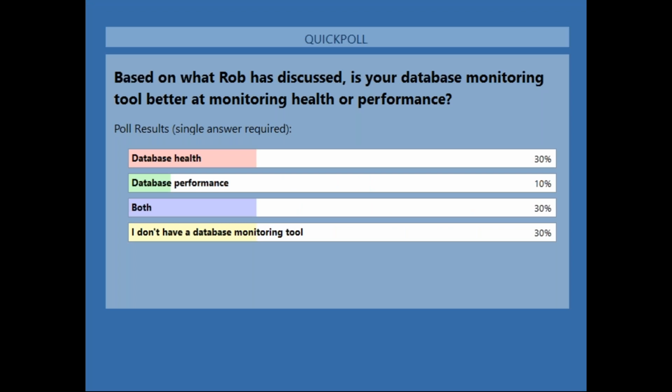Absolutely. Look at this, I'm going to share the poll results. It's pretty much equal between I don't have a monitoring tool, the tool that I have is able to do both, and the tool that I have only does database health. So only 10% will have products that do database performance.